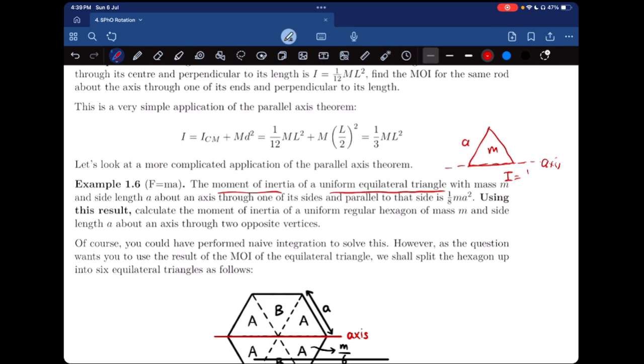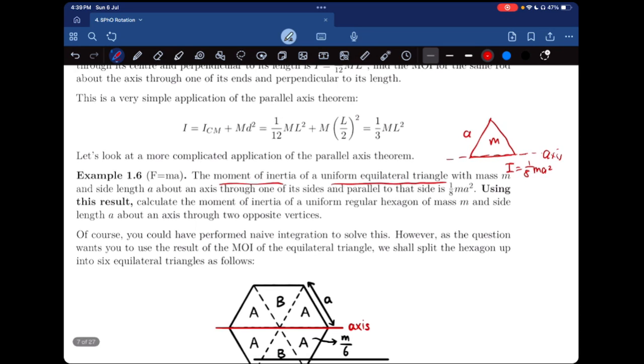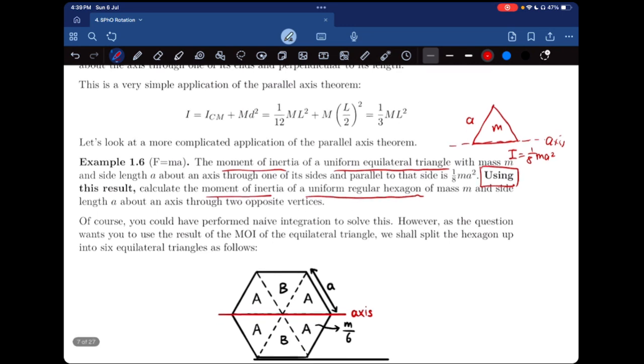You know that I equals 1/8 MA squared. Now they want you to use this result and calculate the MOI of a uniform regular hexagon about an axis through 2 opposite vertices. So here we'll see how to use this result using the parallel axis theorem.